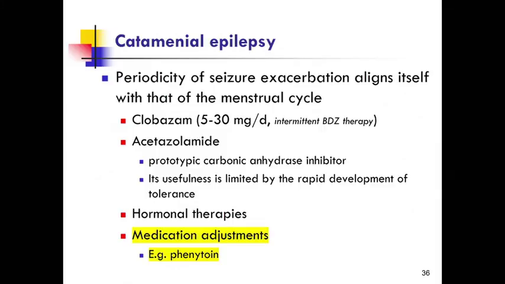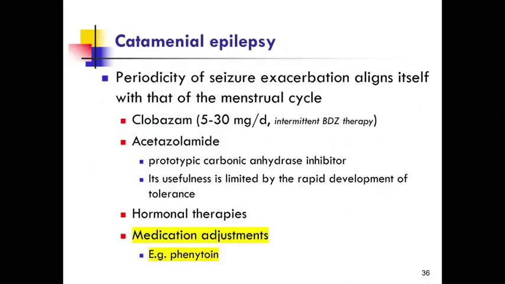So in the luteal phase, just before the menstruation starts, because of the drop in the levels of these two hormones, there is no longer competition between phenytoin and the hormones for the same enzymes.